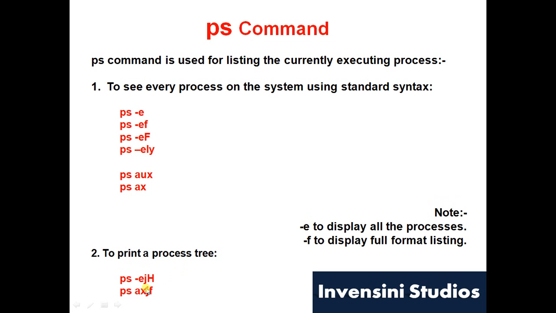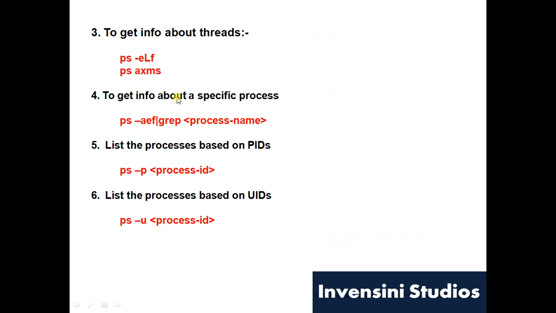To print a process tree, you use -ejH, and in BSD format it is done differently. To know about threads, you use capital L. And suppose you want to search a specific process, then you can say ps -aef | grep the process name, so it will tell the detail of the particular process that you are looking for.